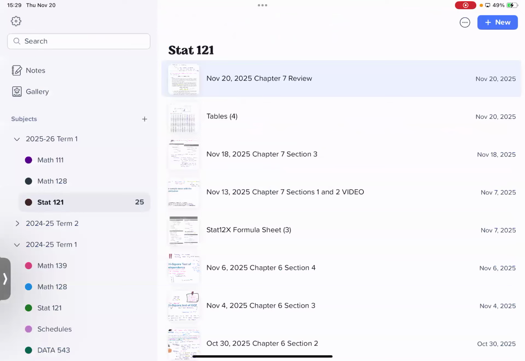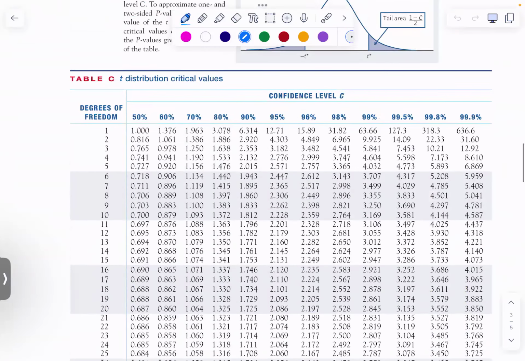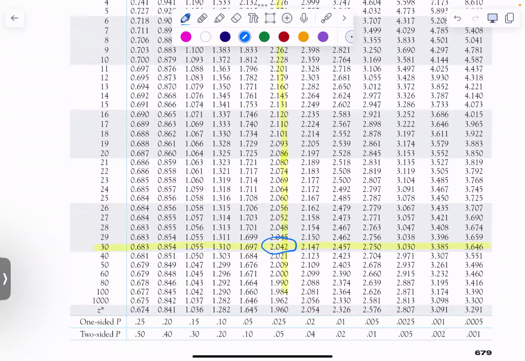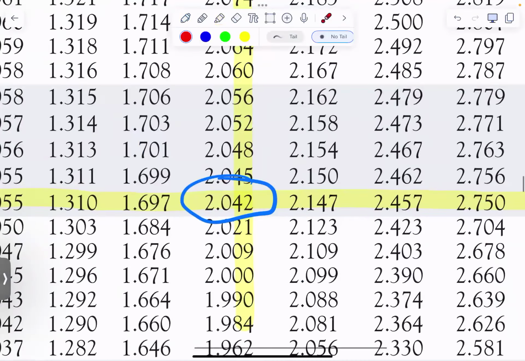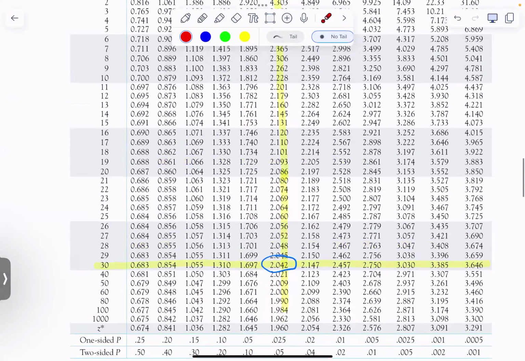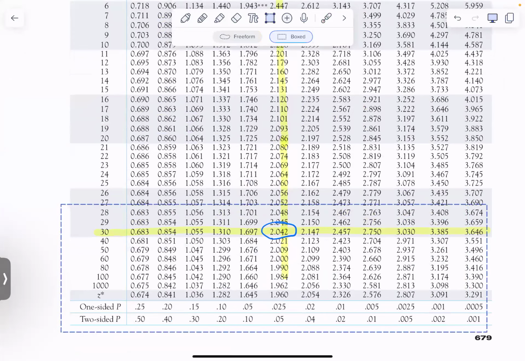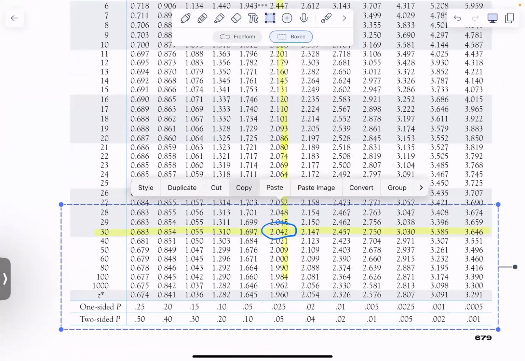Let's see here. We want a 95% confidence interval. Let's see if I can trace this down. I get a T star of 2.042. I'll bring this in here.